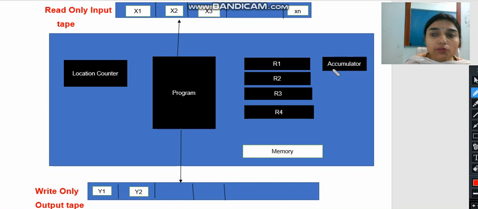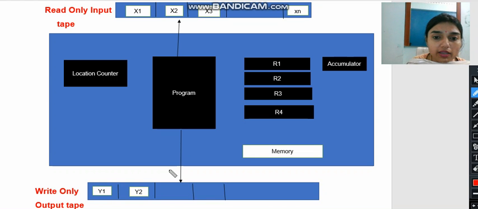The input tape contains a sequence of integers. Every time an input value is read, the input head advances one square. जहाँ पर अगर आपने once you have read the x2, now this head will move to the x3.